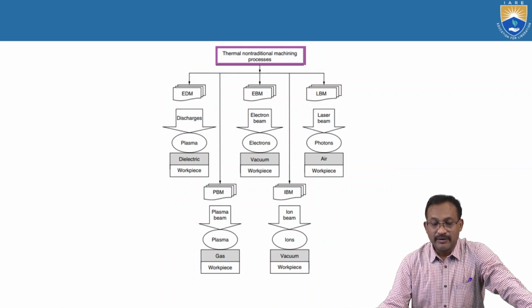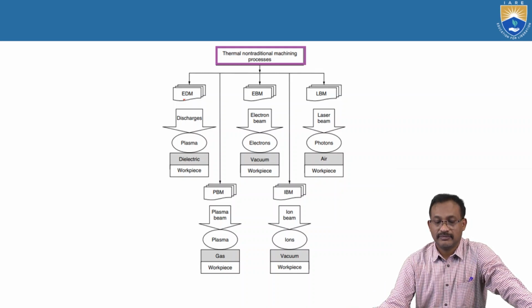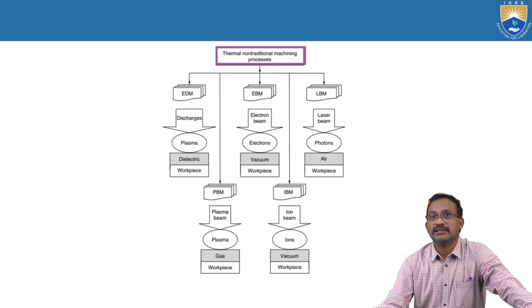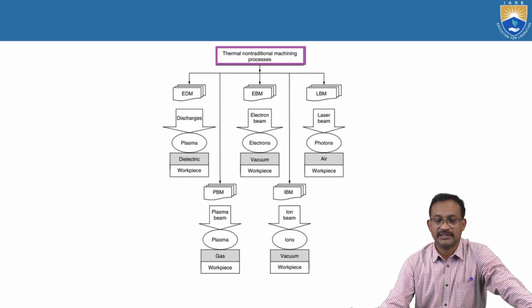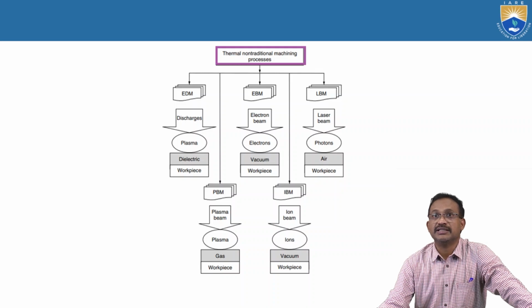Next, thermal non-traditional machining processes: electro discharge machining, electron beam machining, laser beam machining, plasma beam machining, and ion beam machining. This is somewhat self-explanatory; the same terminology will come as the medium or the main striking tool. In electro discharge machining, the cutting action is done because of the discharge of electrons.